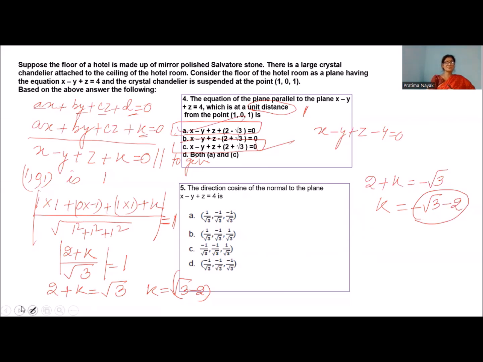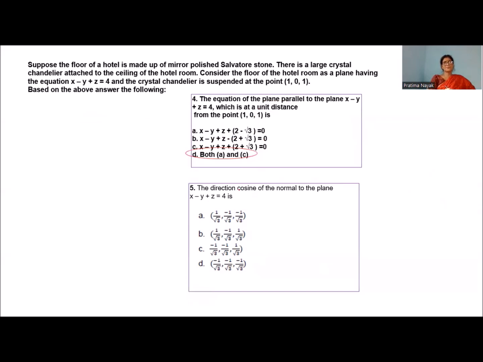Now coming to part 5. The direction cosine of the normal to the plane. This is a very simple question. So if ax plus by plus cz is equal to d, then direction ratios are a, b, c.